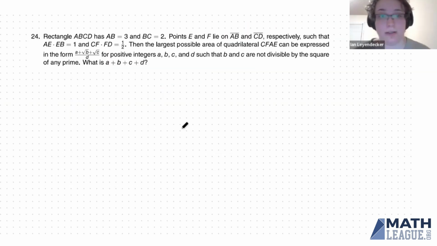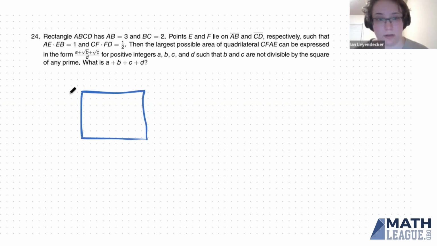Now, first off, let's go ahead and draw ourselves this rectangle. And here we've got A, B, C, and D. And now let's pick points E and F on AB and CD. They don't have to be accurate, but just so that we can envision what these points might look like. Here's E. Actually, I am going to move this. I'm going to put E here.